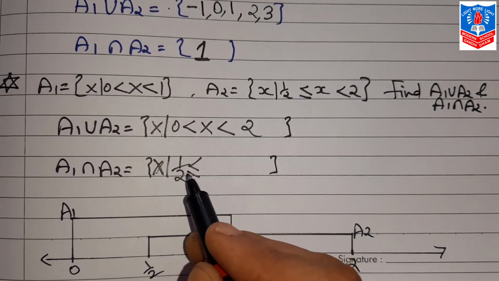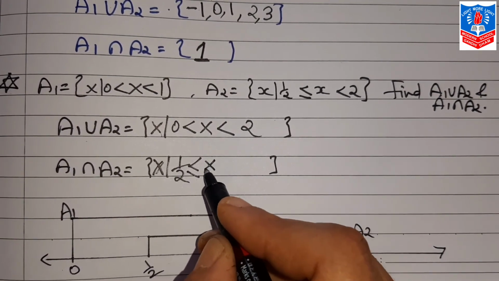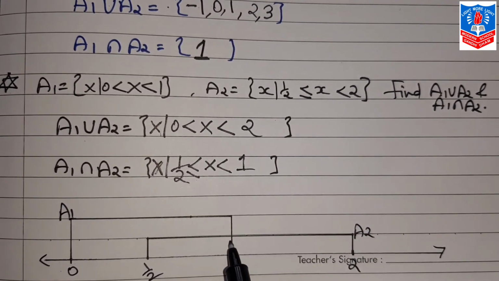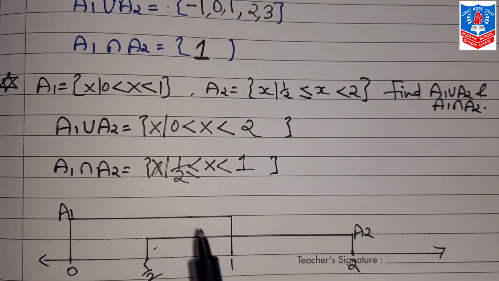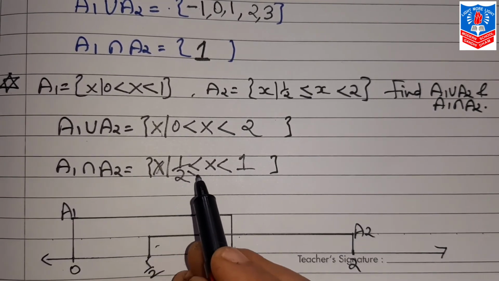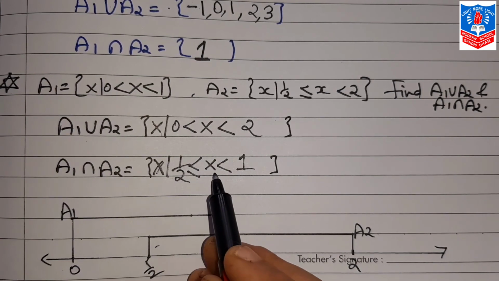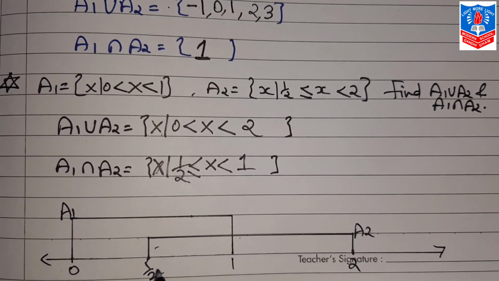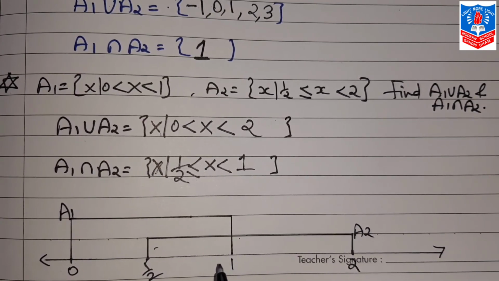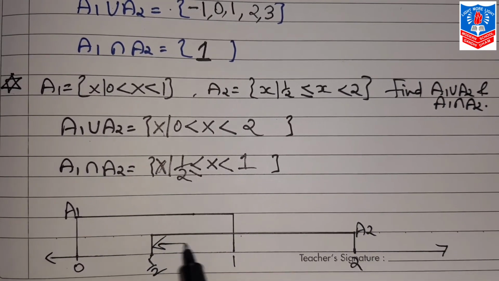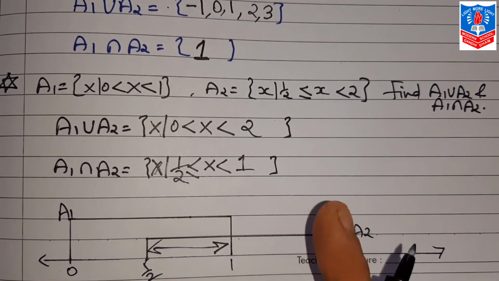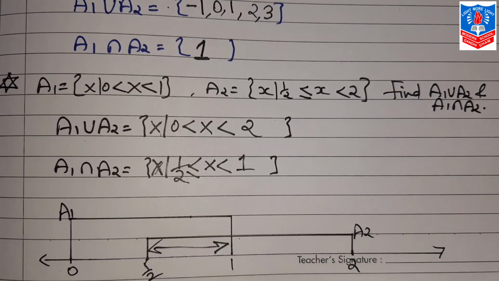So we write half less than or equal to x less than 1, because it lies from half to 1. This is A1 intersection A2. This area only will be there. So this is the way we solve.